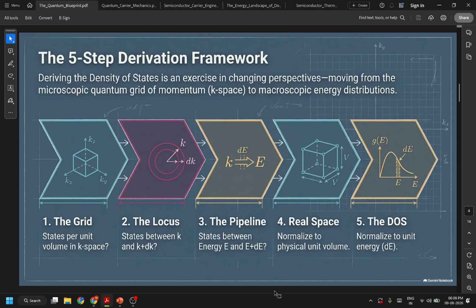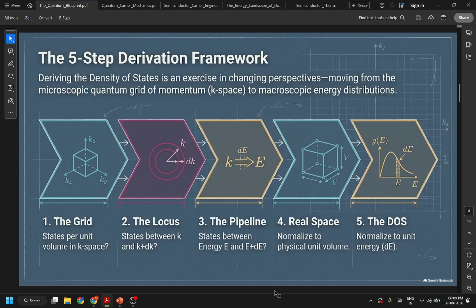The density of states is derived using conversion from momentum space to energy distribution. First you have the grid, defining the number of states per unit volume in K space. Then you figure out how many states lie between k and k plus dk, which is an incremental number of momentum.